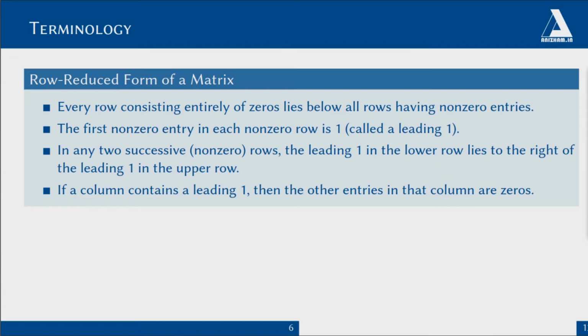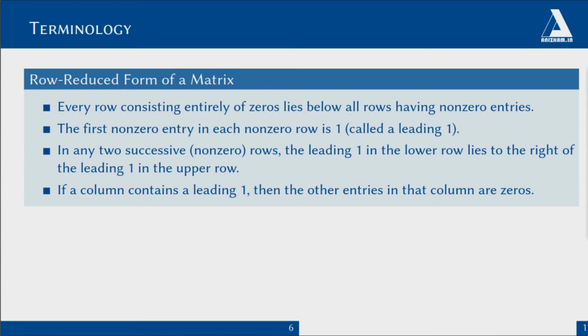Suppose in a row reduced form of a matrix, there are some rows consisting entirely of zeros, then all those rows should be lying as the last rows. That is, they should lie below all rows having any non-zero entries.